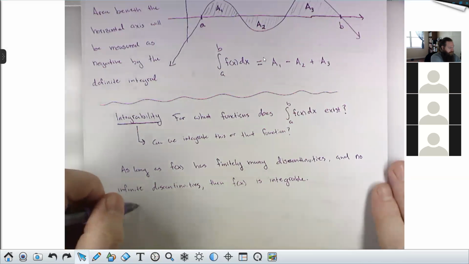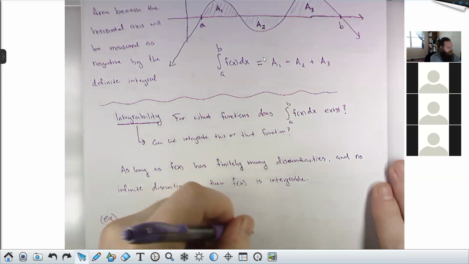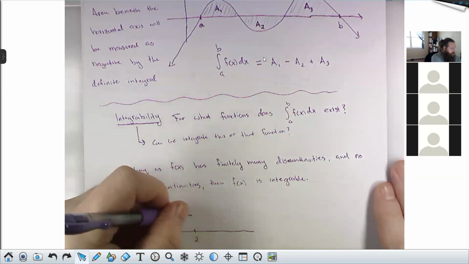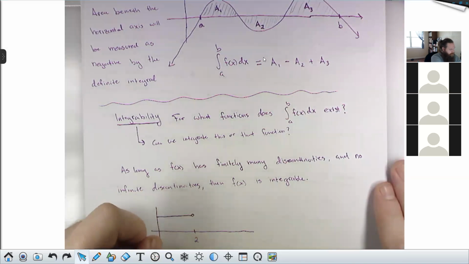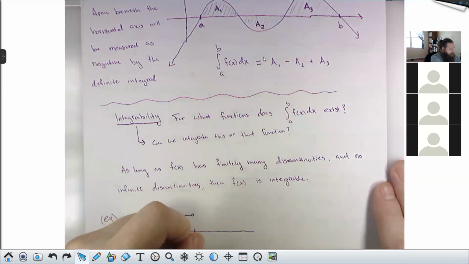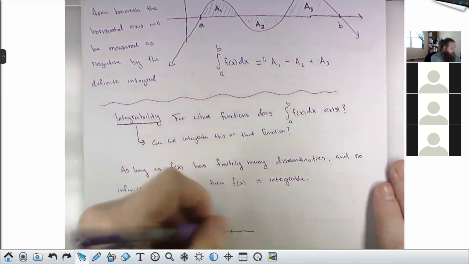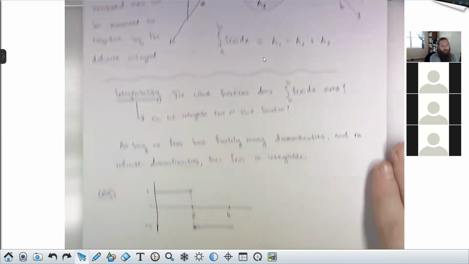So what does that mean? For example, this function is just fine, even though it has a jump discontinuity here.